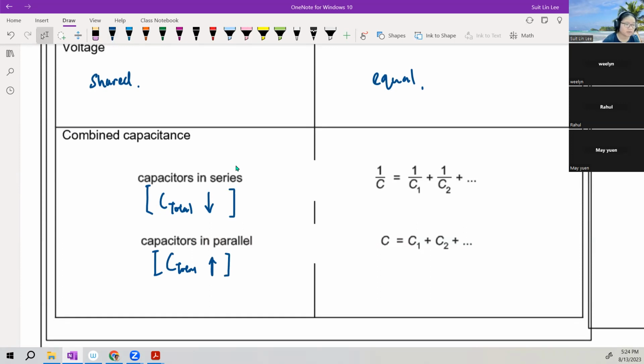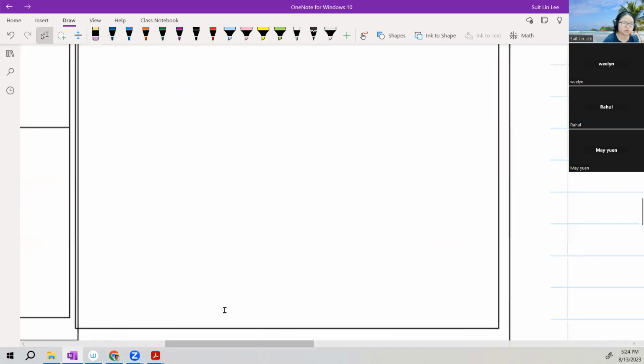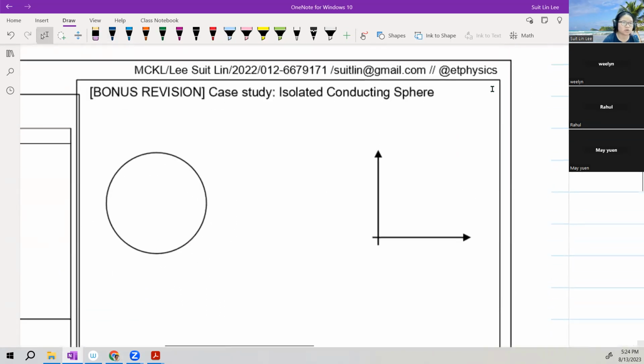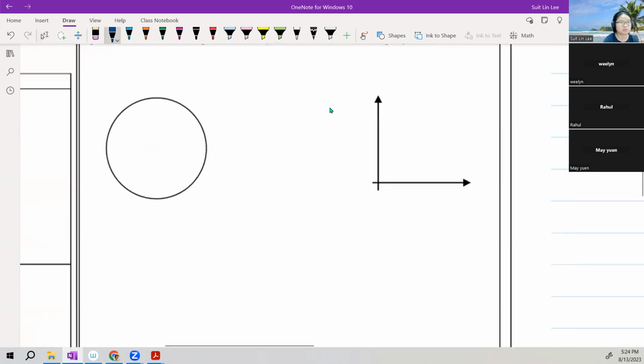All right. And finally, because capacitance is defined as the ability to store charge, we can also find the capacitance of an isolated conducting sphere. Let's say I have a sphere where I can park some charges.